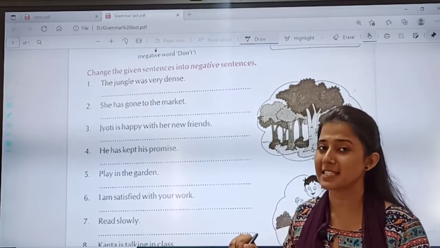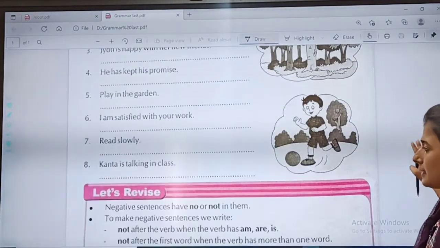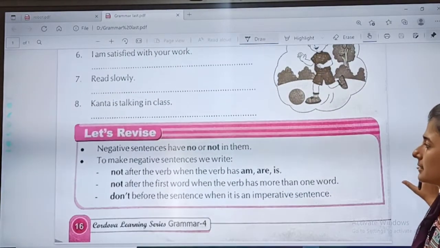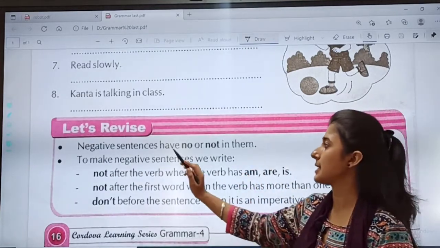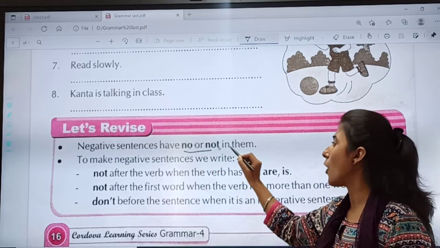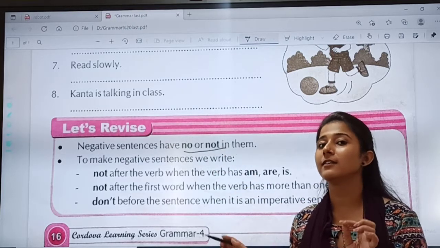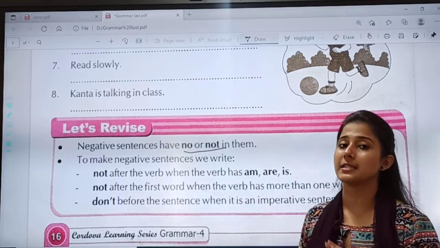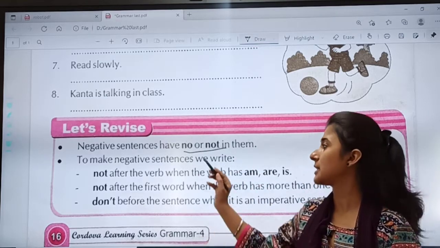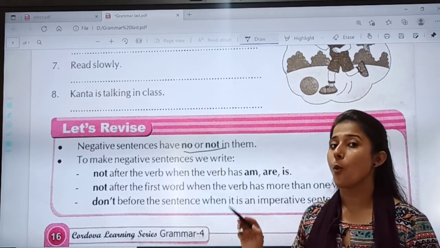Before doing this exercise, let us do a short revision of this. See, here it is written, let's revise. Negative sentences have no or not in them. You know, negative sentences have either of these two words, either no or not. To make a positive sentence negative, what do we write?